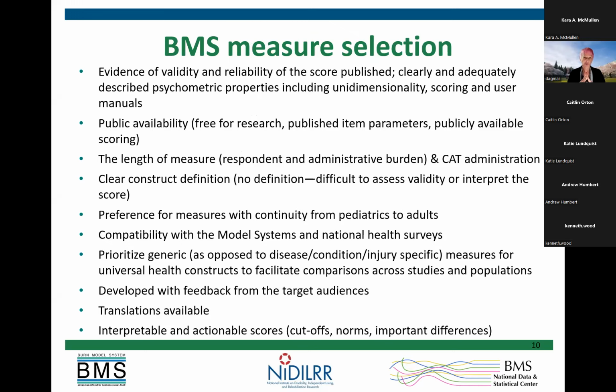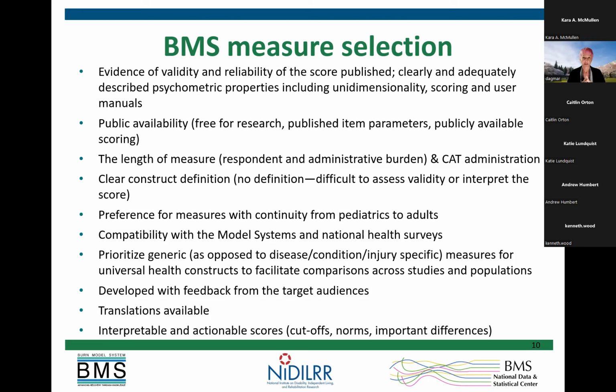When we choose measures to be included in the BMS data collection, we look at numerous indicators. These are just the most important of those. There are more that we use to make a decision. The most important ones that we never skip and never compromise on is evidence of validity and reliability.